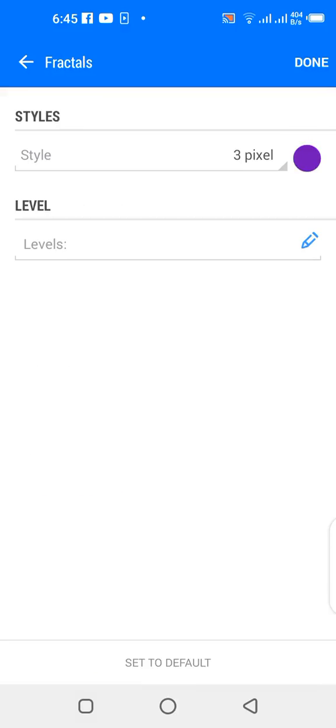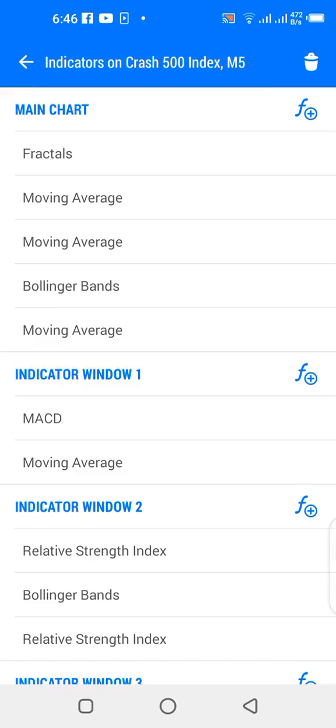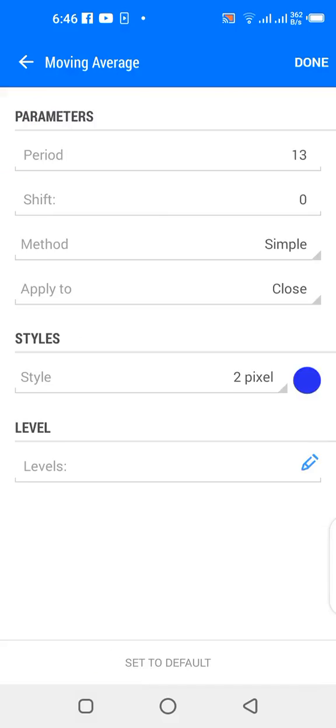On the main window, I have fractals. Fractals is for detecting price rejection points or areas. Fractals are also for spotting areas of support and resistance. So I use fractals to identify the zones where price has rejected or may likely reject. The next indicator on the main chart is a 13 period simple moving average, and the color is blue.